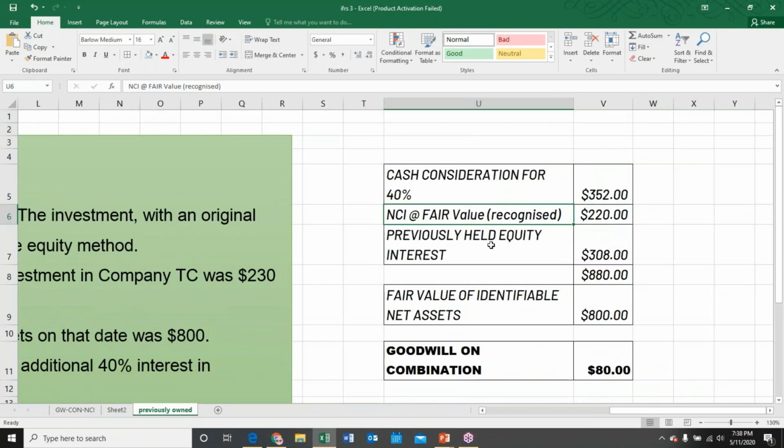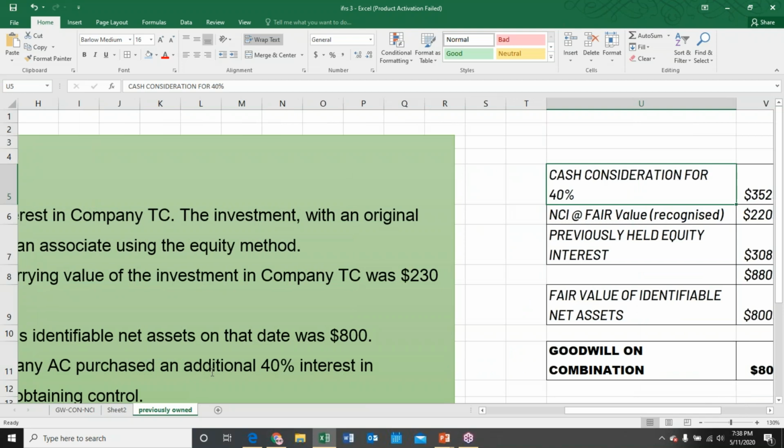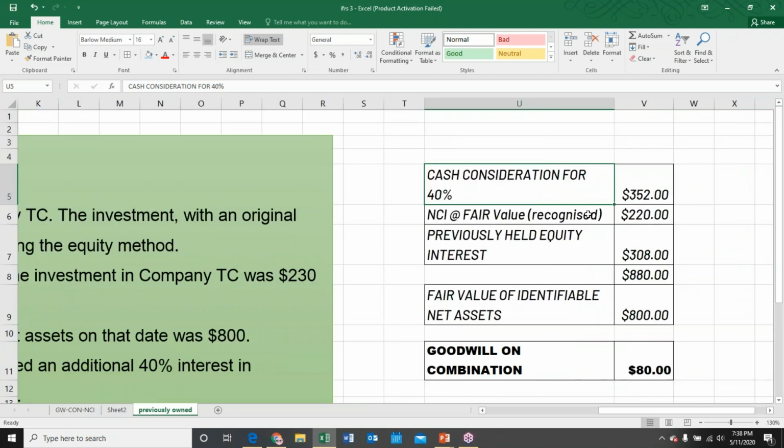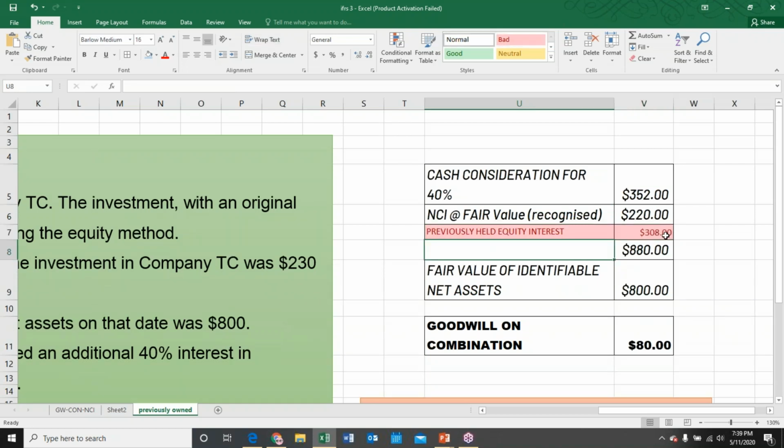For you to see the calculation, the cash consideration provided for 40% was 352. NCI was valued at fair value, which was 220. Here we have the previously held equity interest, which is $308.